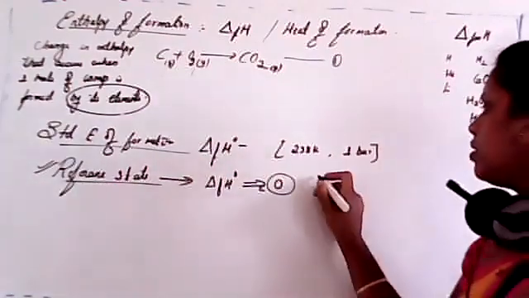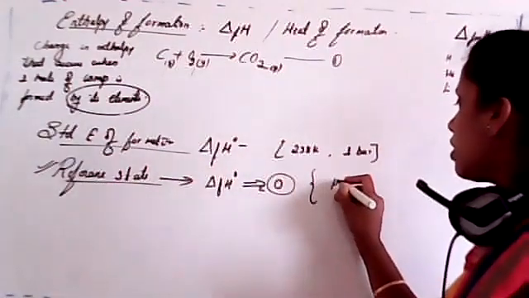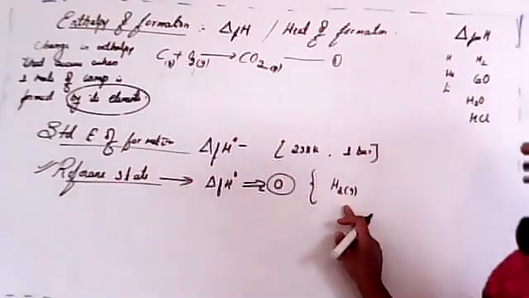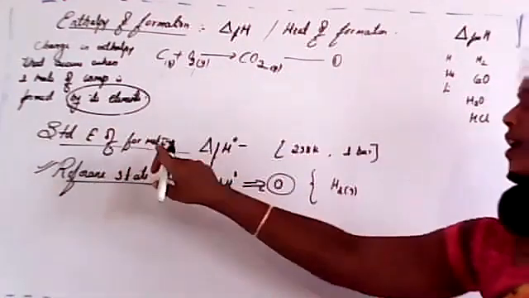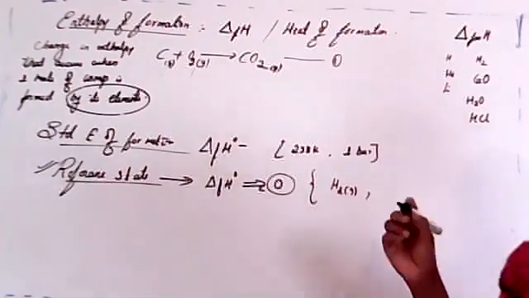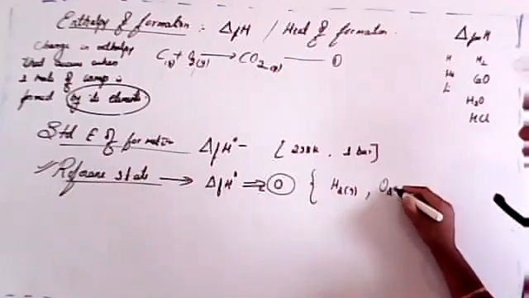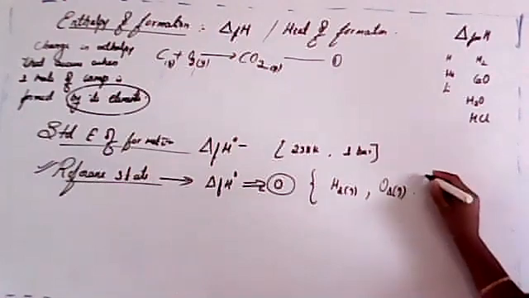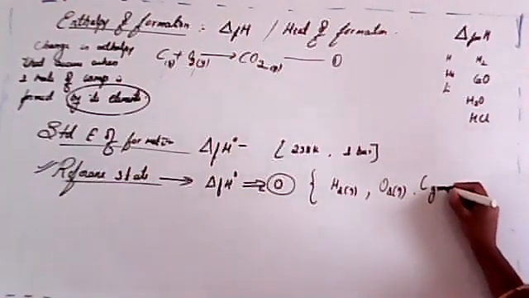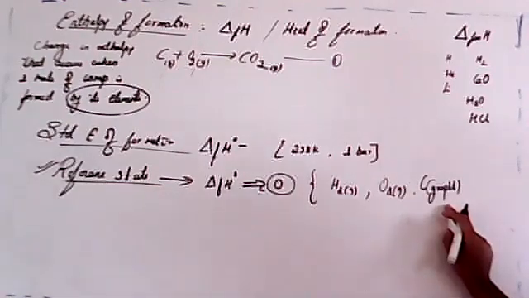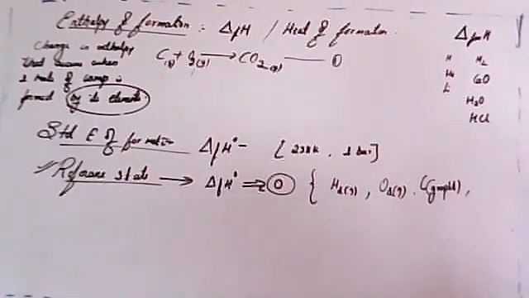For example, H2 gas. The standard enthalpy of formation for H2 gas equals 0. Then oxygen gas is 0. Clear? Next one, carbon, graphite, an allotropic form of carbon. This is also 0.